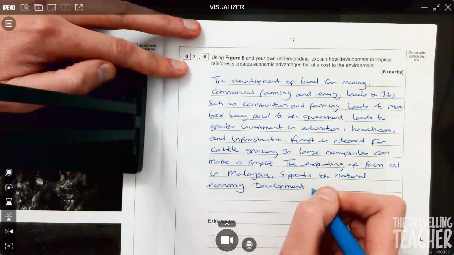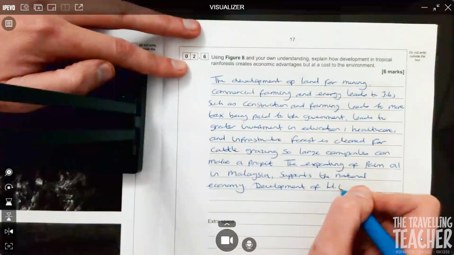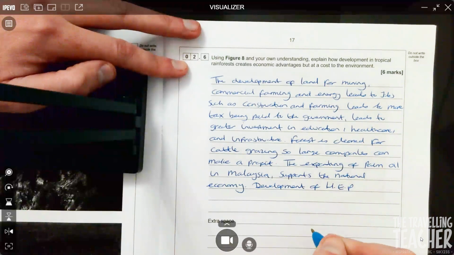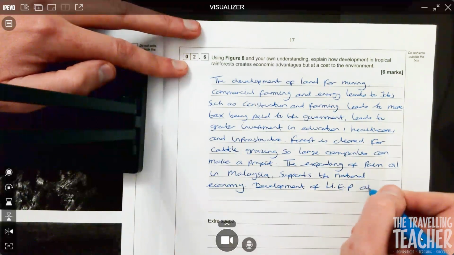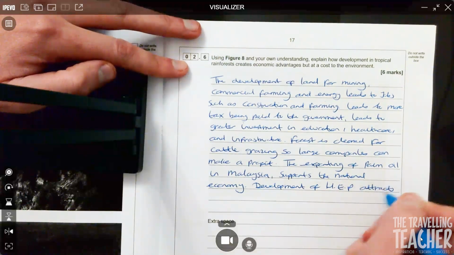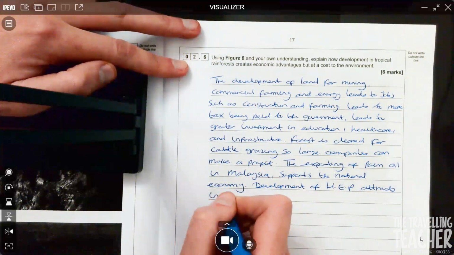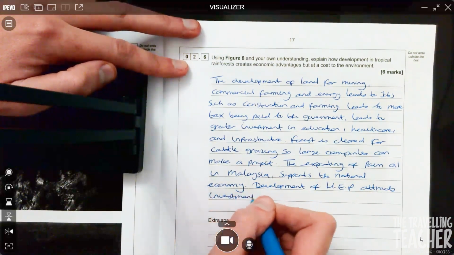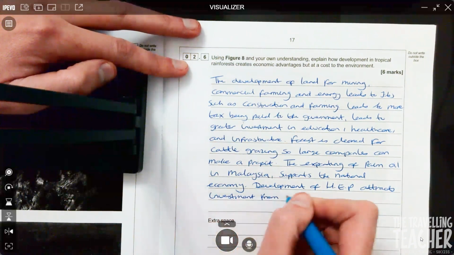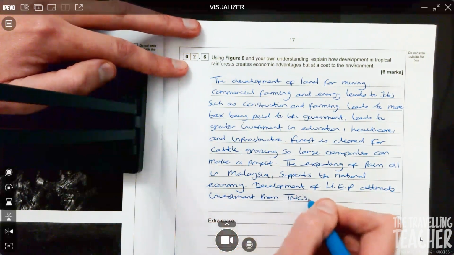Development of HEP, hydroelectric power, attracts investment from TNCs.